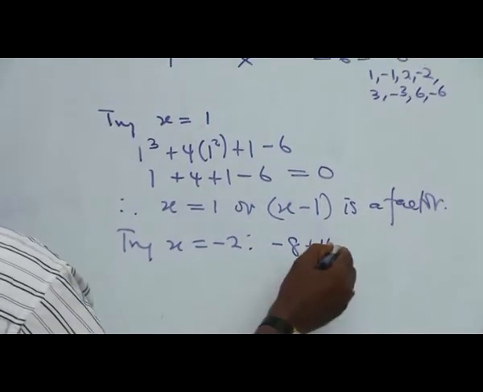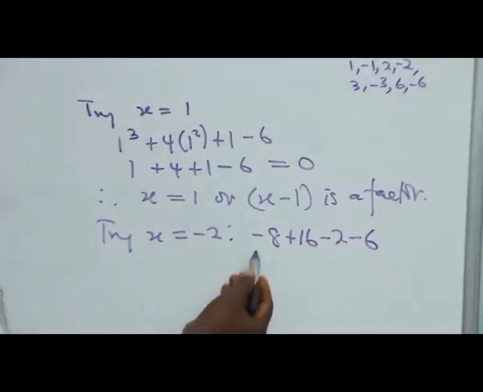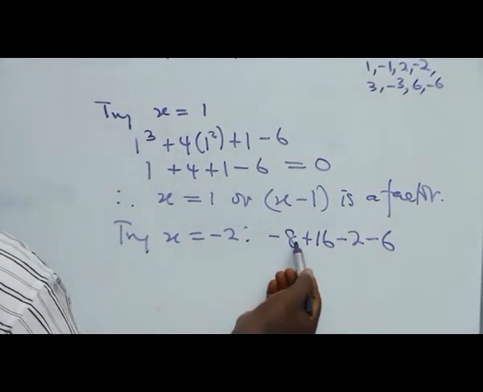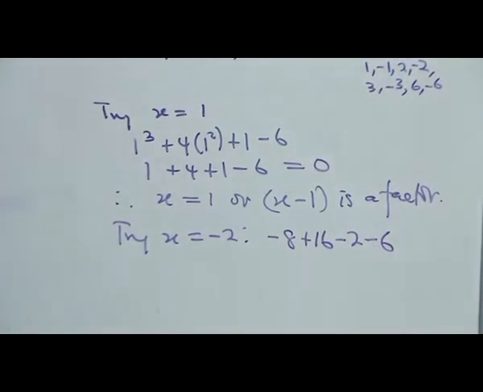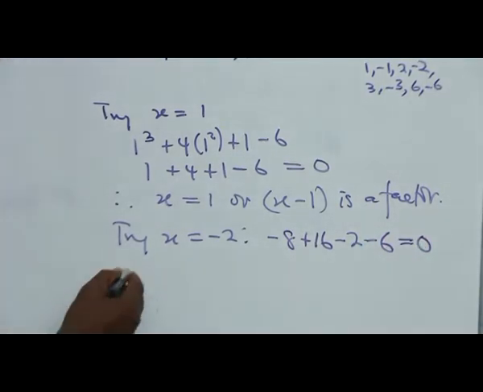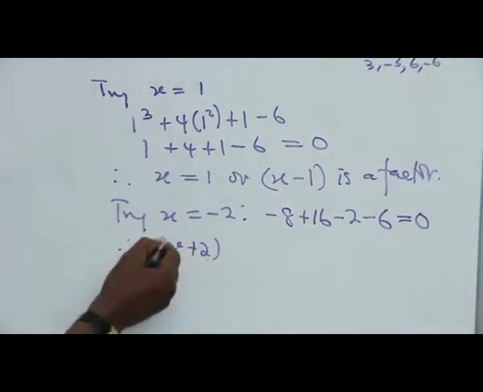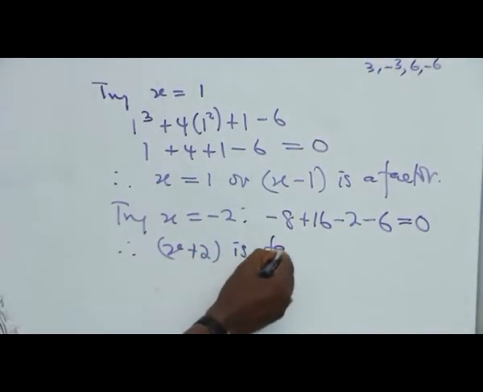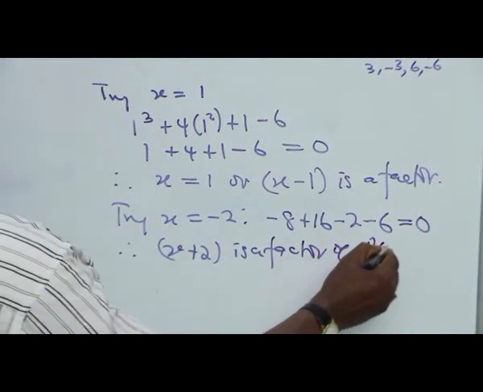Then you have again minus 2, then minus 6. If you add this together, minus 8 minus 2 minus 6 is minus 16. Plus 16 is equal to 0. Therefore, s plus 2 is a factor of the polynomial p of s.